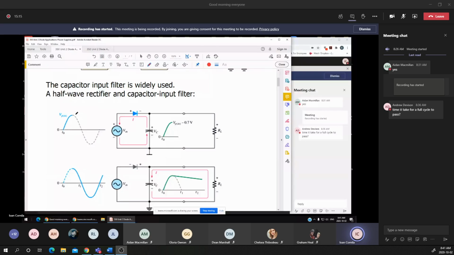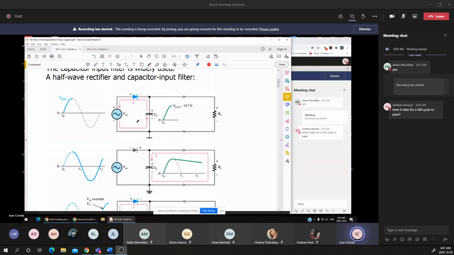What does a capacitor do? Suppose that for the first half, the voltage is increasing from 0 to VP. The voltage across the capacitor is increasing, so the capacitor is charging from 0 to the peak voltage minus 0.7, since the diode is forward biased.